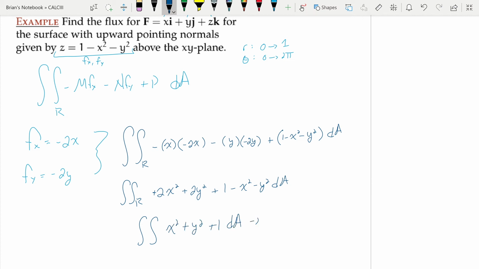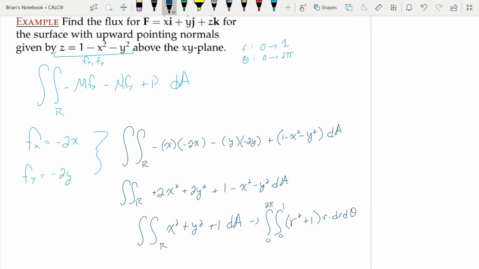Sweet. And of course we can push that forward into polar coordinates, so it'd be r squared plus 1, and then we need the dr d theta, right? So then it'd be r times dr d theta. And we go from 0 to 1 and 0 to 2 pi.